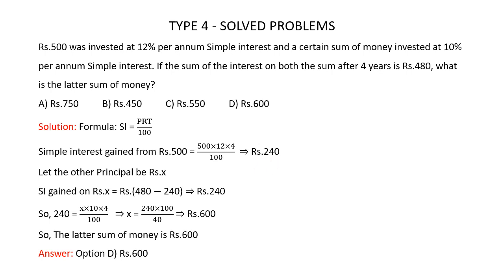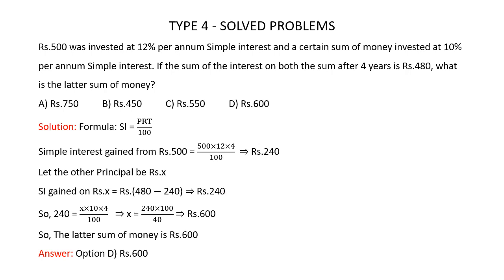Now we know that the simple interest on rupees 500 plus the simple interest on rupees X is equal to rupees 480. Now we have found out the simple interest on rupees 500 is rupees 240. So the simple interest on rupees X is equal to rupees 480 minus 240, which is rupees 240.